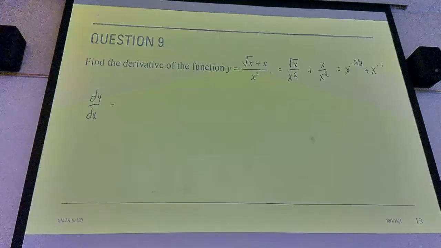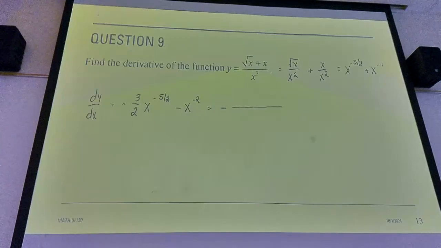So what's dy dx? What's your smallest power?